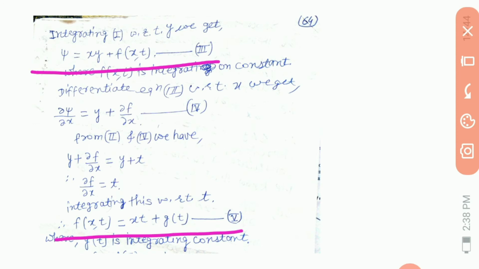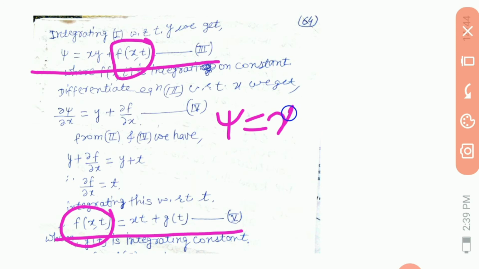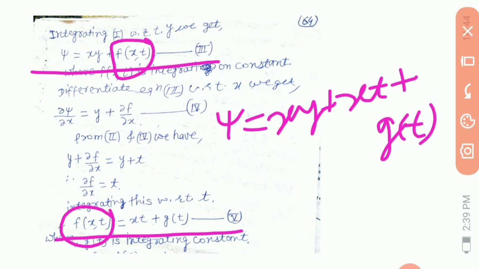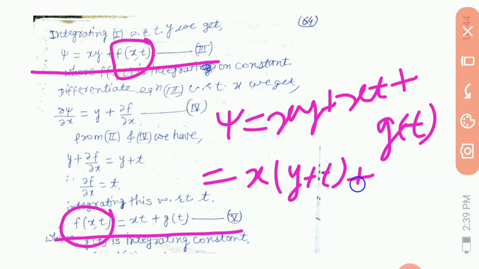From these two equations, if we put the value of f of x, t in this equation, then we get psi is equal to xy plus xt plus g of t, and therefore this is equal to x, taking x common, in bracket y plus t, plus g of t as it is.